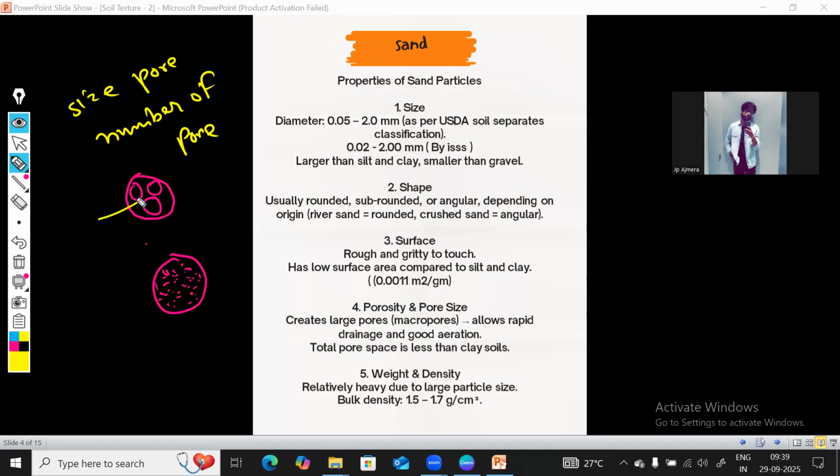You can see that there is a larger pore here. The size is larger in the sand case. That is sand, and that is clay.